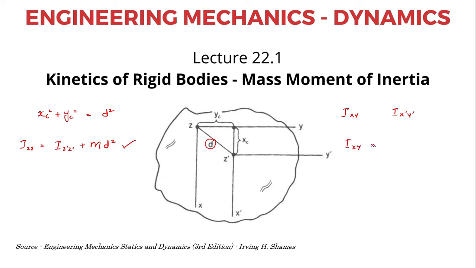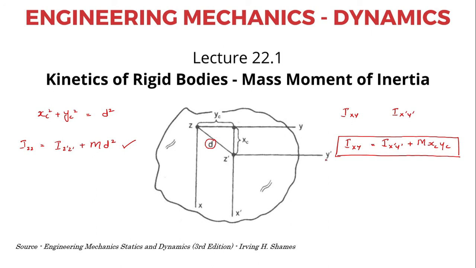Ixy is equal to Ix'y' plus m into xc yc. So this equation as such is very important. You must have already studied this equation as the parallel axis theorem. You also remember this equation: Ixy is equal to Ix'y' plus m xc yc.